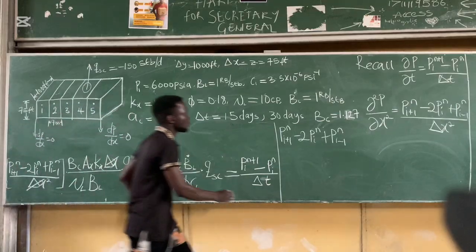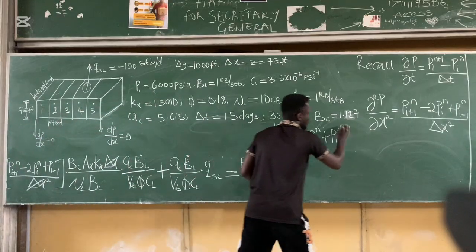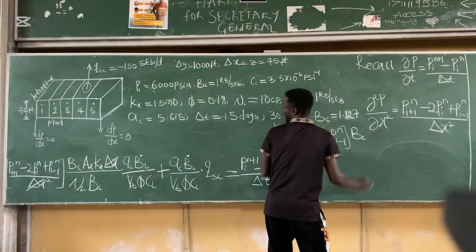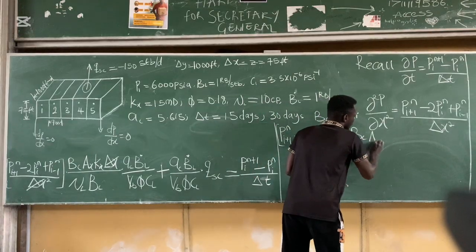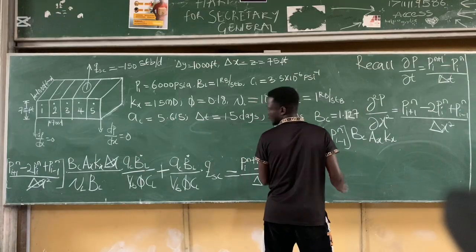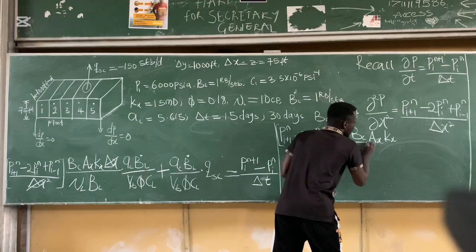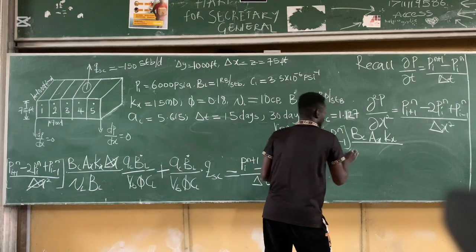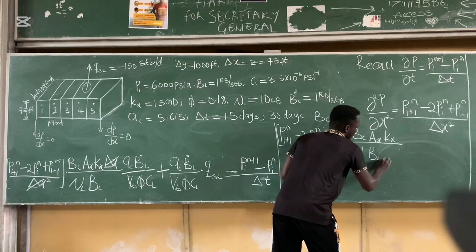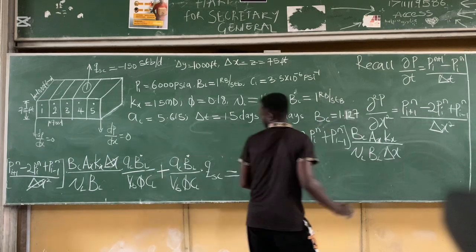So if we do that, we are going to have this one here multiplied by B_c A_x k_x divided by mu L B_L delta x.